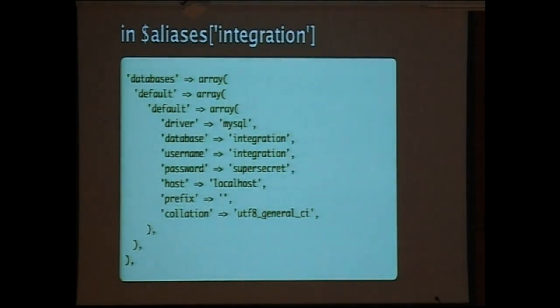So you have your databases array, where you define the default database in this case. You tell it its driver, the database name, username, password, on which host it can find it, and all the other stuff. And now Drush on your local machine knows how to reach the database on the remote server.